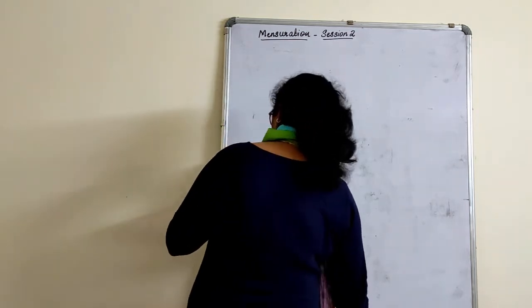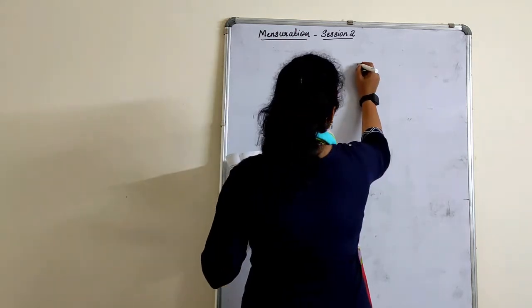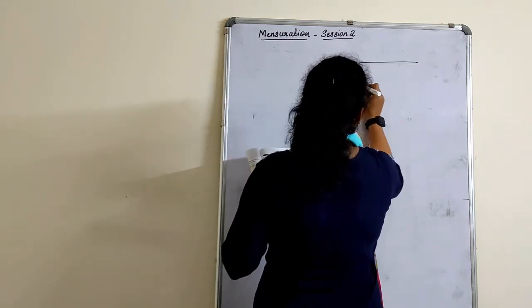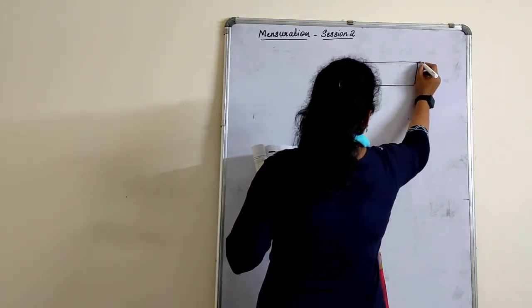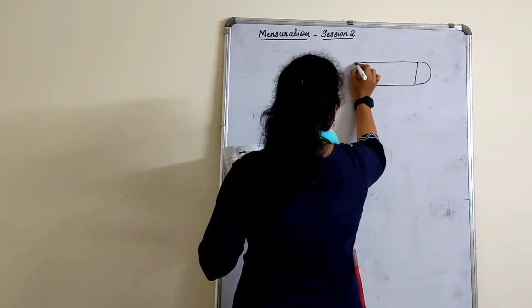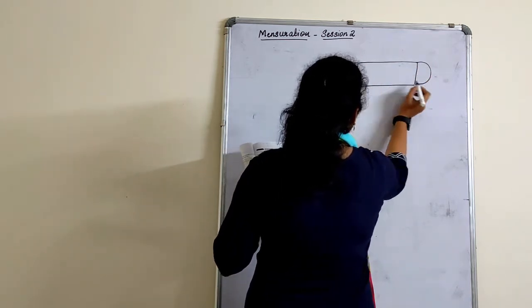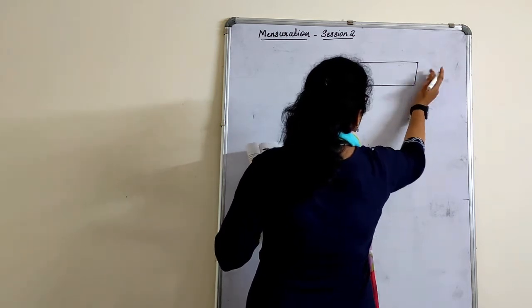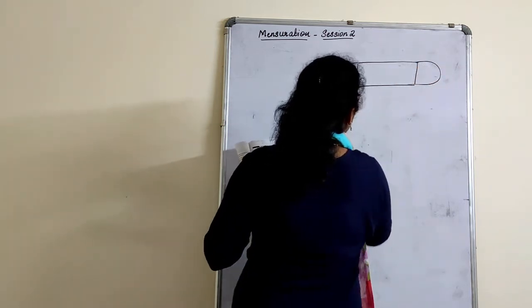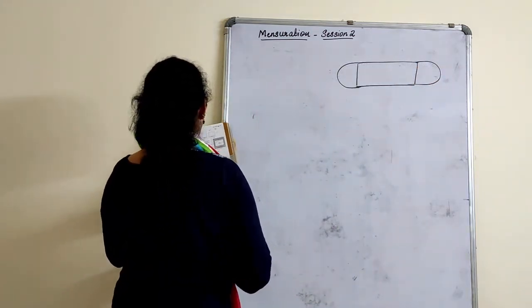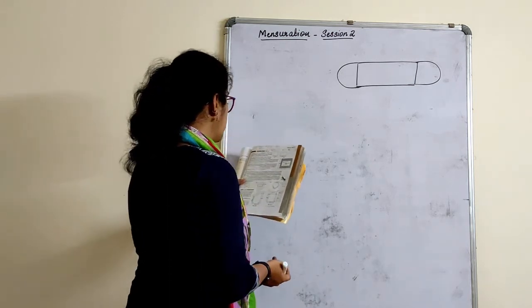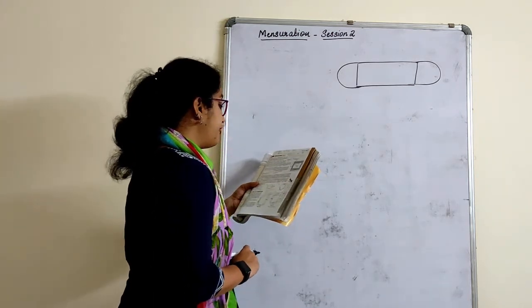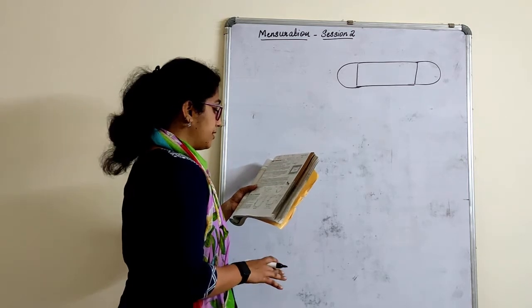Okay, let's first draw. This is how the garden is given. Find the area and perimeter of this garden.